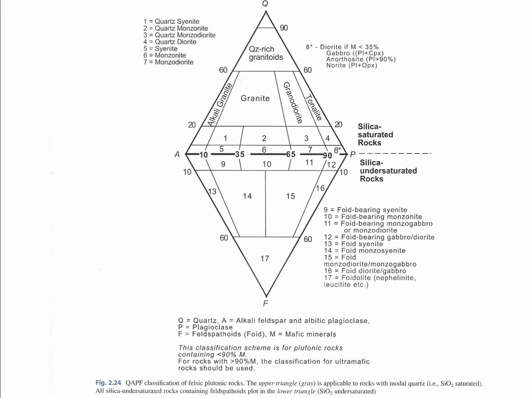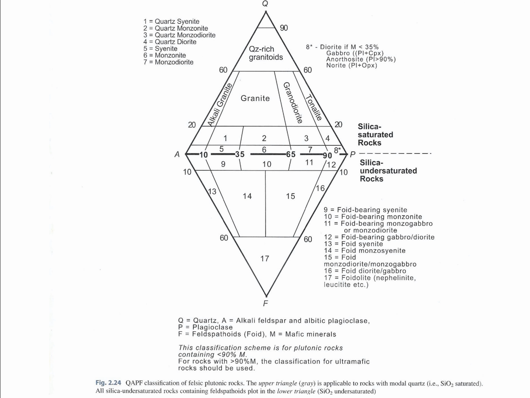And if we are going now through all the numbers here, number 1 we have a quartz syenite, number 2 a quartz monzonite, number 3 a quartz monzodiorite, number 4 the quartz diorite.